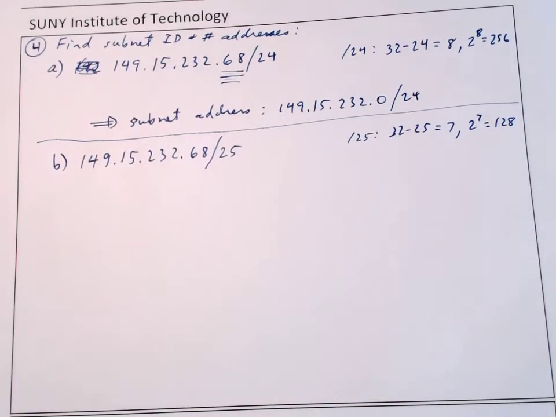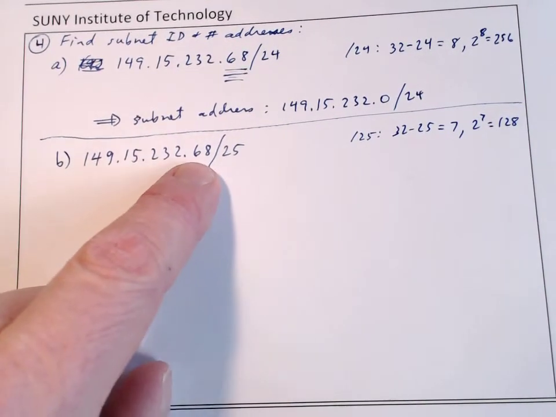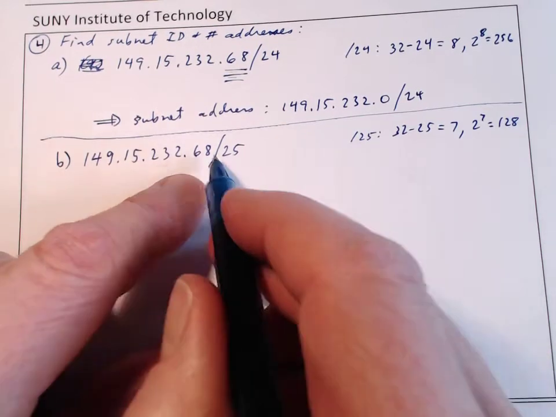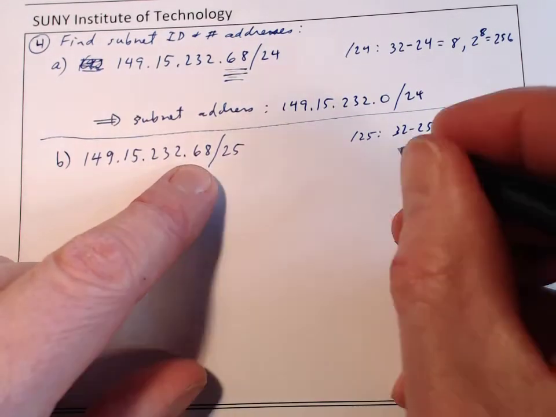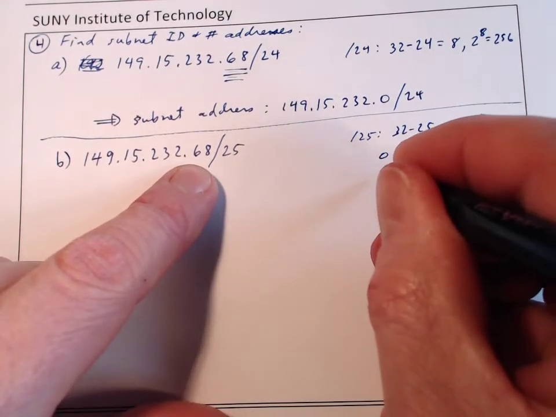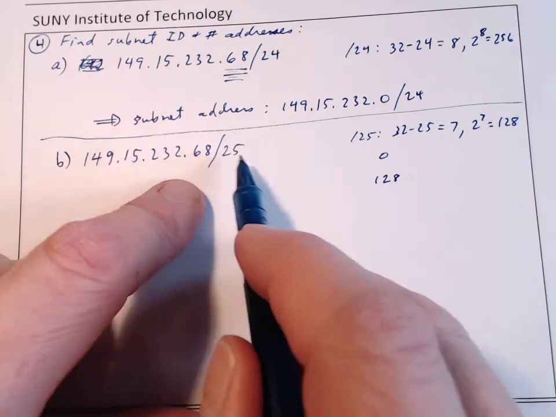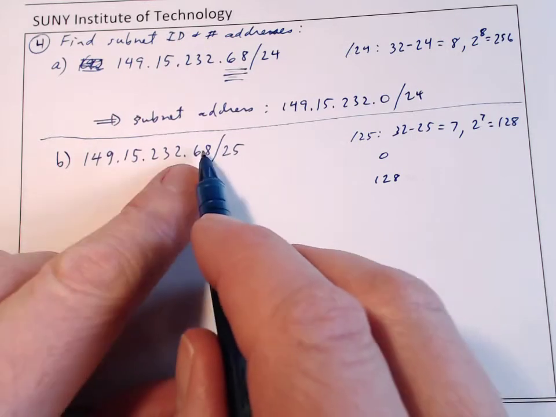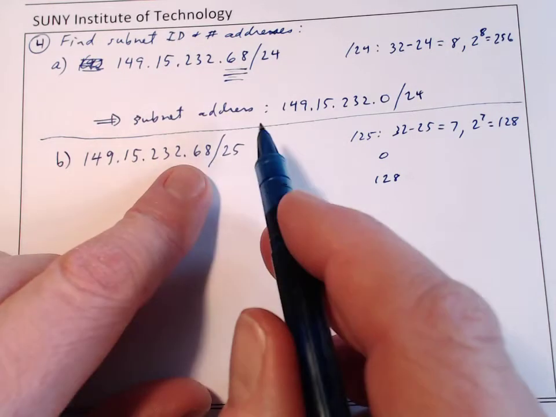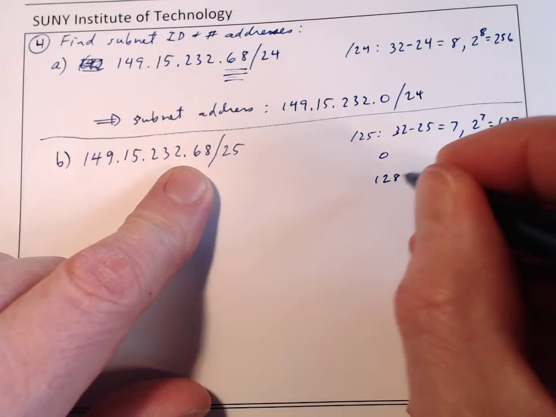So now we've taken that last octet, and we're going to divide it into the 0 and the 128. So it's going to divide that class C into two pieces. You can think of a class C as being divided into two pieces, one starting at 0, one starting at 128.